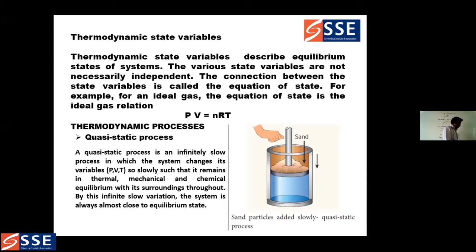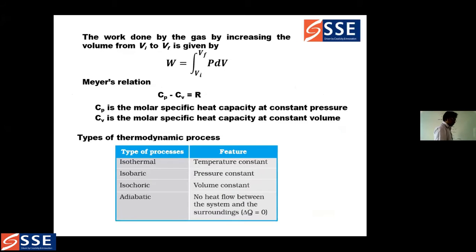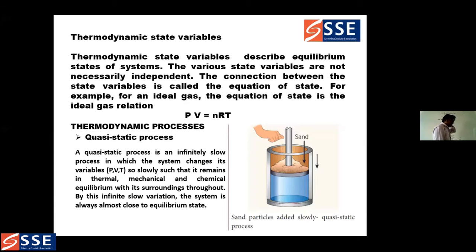There are so many thermodynamic processes like isothermal, isobaric, isochoric, adiabatic. You might be familiar with these four: isothermal, isobaric, isochoric, adiabatic. But there is one more, the quasi-static process.